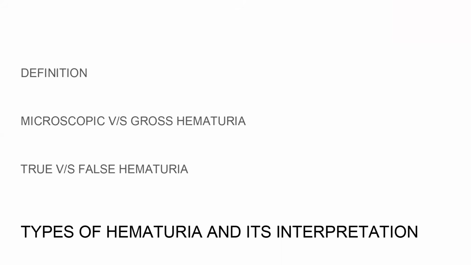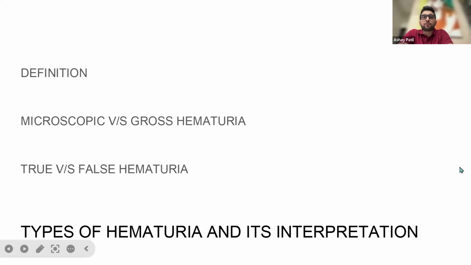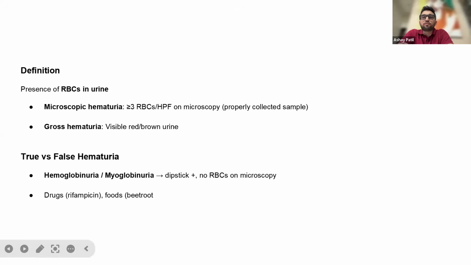False hematuria can be hemoglobinuria or myoglobinuria, in which the dipstick is positive but there are no red blood cells on microscopy. It can also be a false positive, and false hematuria can be due to drugs and beetroot.